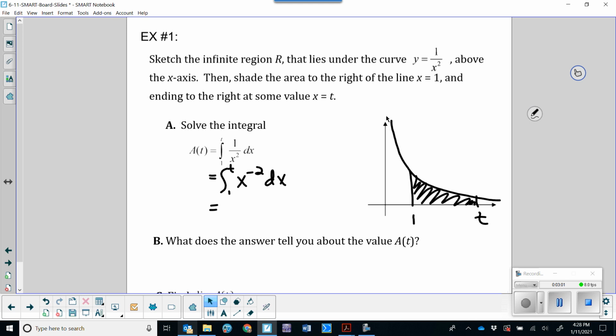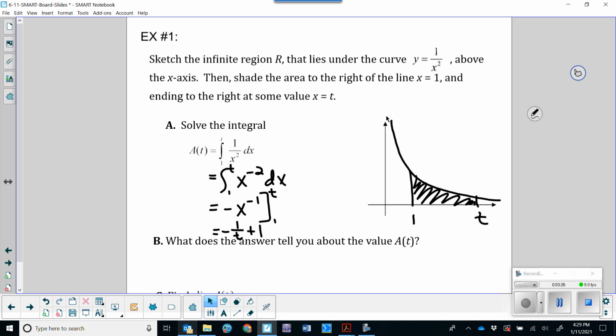If we integrate that, we add 1 to the exponent, which gives x to the negative 1, and then divide by negative 1, from 1 to t. If we plug this in, we get minus 1 over t, because we'll have t to the negative 1, minus a negative 1, so we get plus 1.